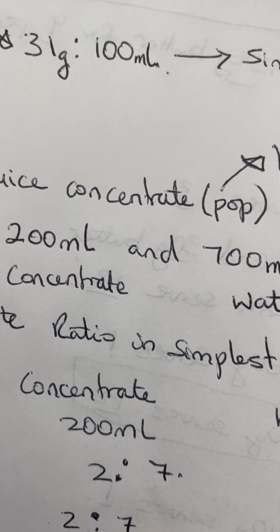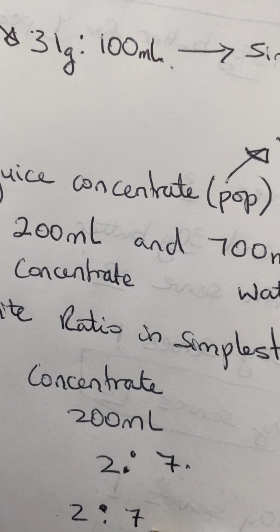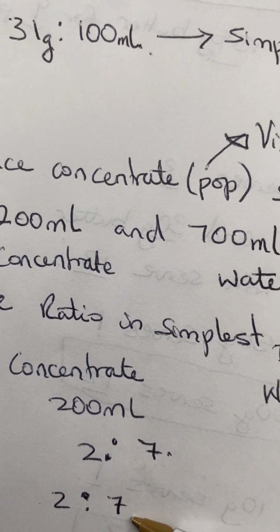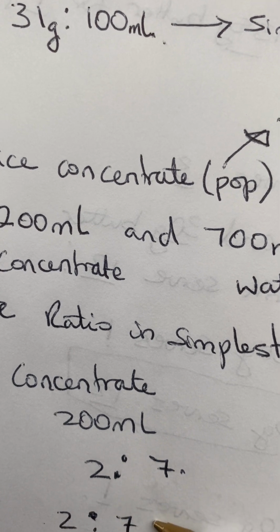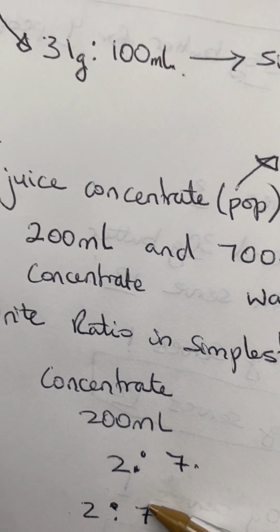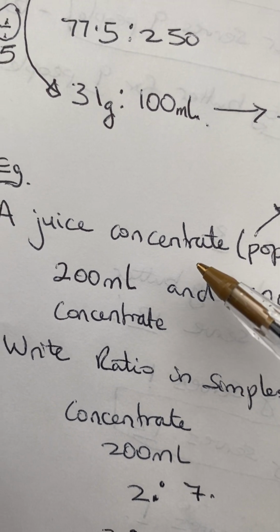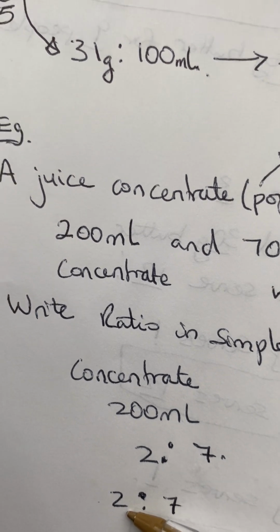If maybe you are diabetic, maybe you can add a few mils to make it less sweet. But apart from that, this is what it says. But remember, it is in mils, so don't forget to put your mil sign there.